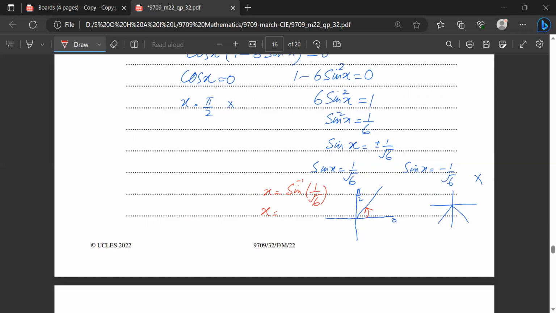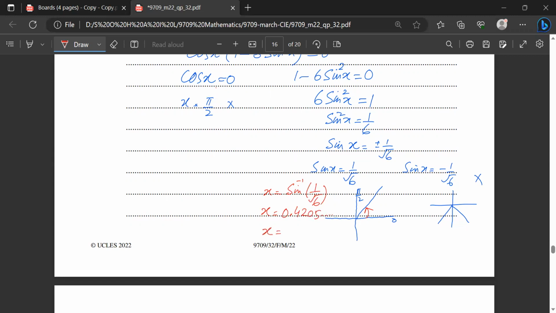So the inverse sine of 1 over root 6 is 0.4205 and so on.